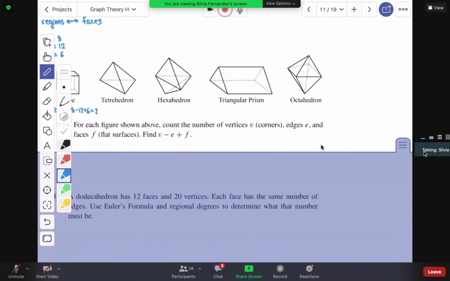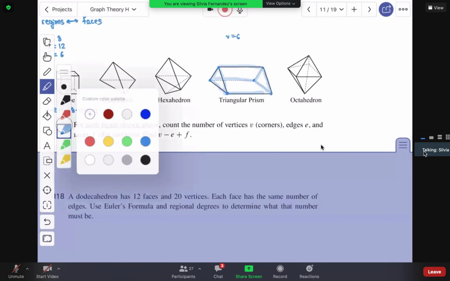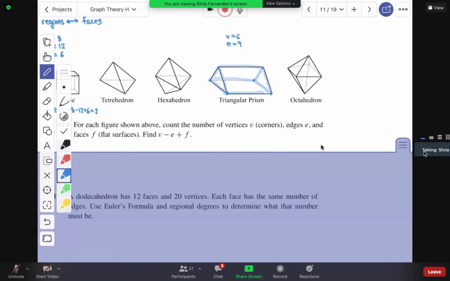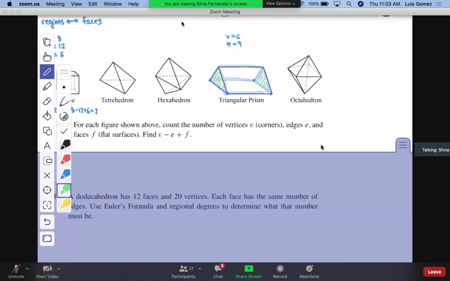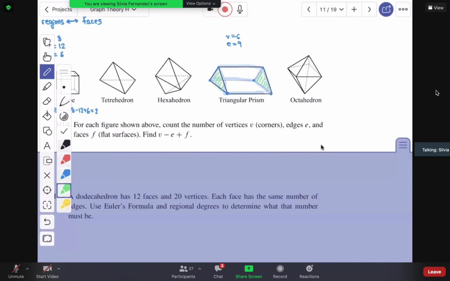For instance, this one right here: 1, 2, 3, 4, 5, 6. So V equals 6. And then we have the edges: 1, 2, 3, 4, 5, 6, 7, 8, 9. So E is 9. And then we have the faces. We have this little triangle right there, like the bases. If you turn this 90 degrees, if you extend it, you have those 2 triangles, and then you have 3 rectangles around that lateral surface.